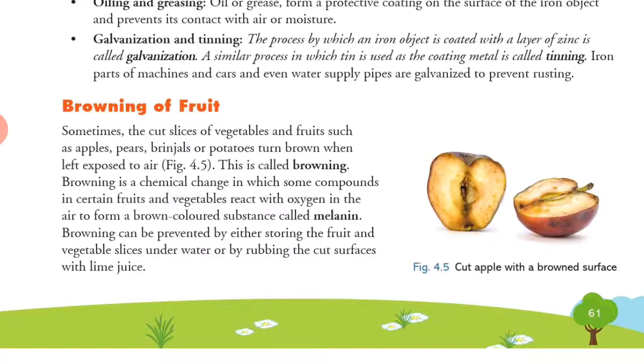Browning is a chemical change in which some compounds in certain fruits and vegetables react with oxygen in the air to form a brown colored substance called melanin. Browning can be prevented by either storing the fruit and vegetable slices under water or rubbing the cut surface with lime juice.